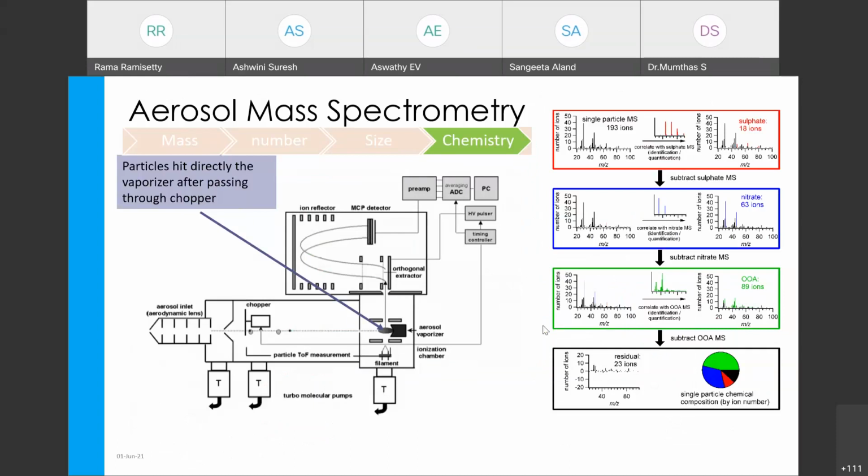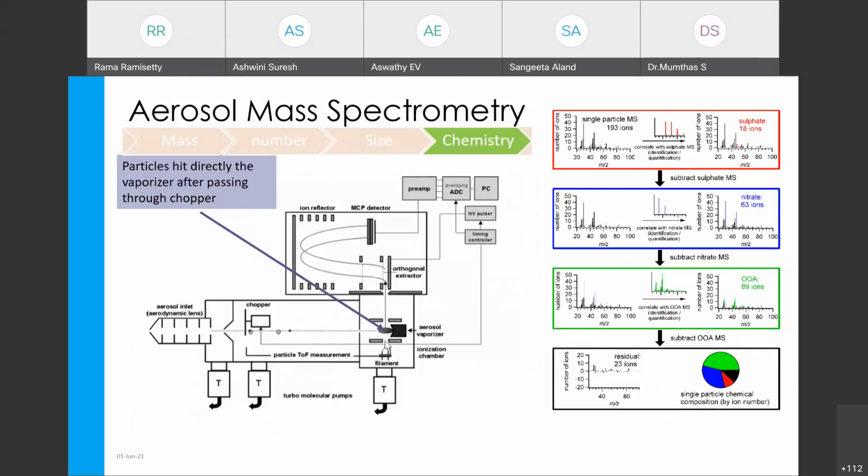In the bulk aerosol mass spectrometry method, the particles are fed to this aerosol vaporizer section, vaporized with the thermal vaporization method, and ionized with the electron ionization method. This electron ionization cannot ionize the refractory materials. It is limited to organic and inorganic.